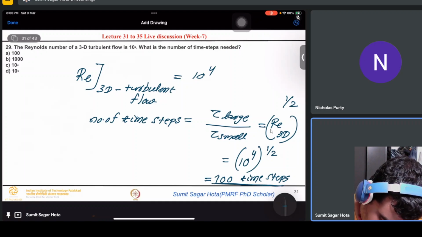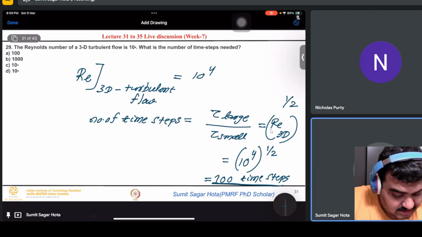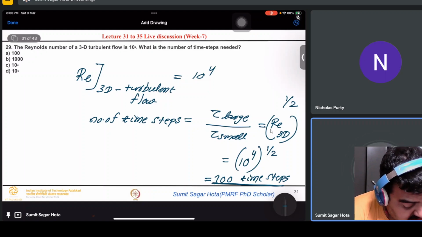Hundred time steps. The formula is Re to the power 1 by 2 for the number of time steps.